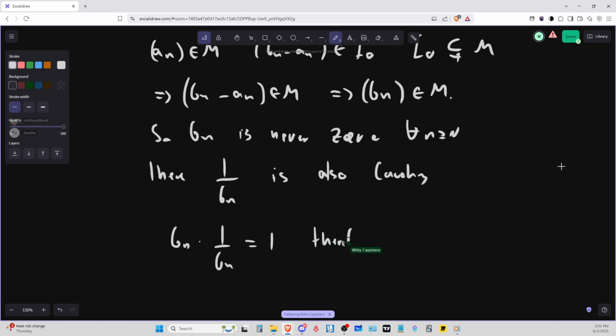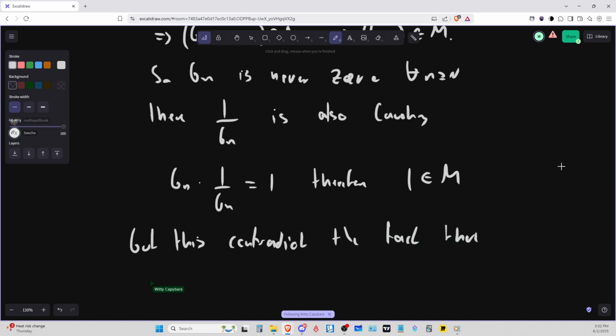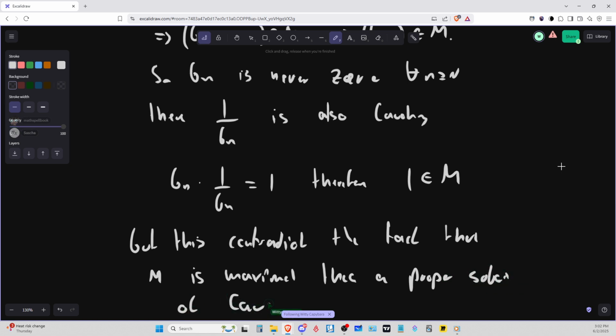Therefore, the sequence which is always 1 is inside of the ideal M. But this contradicts the fact that M is maximal, thus proper subset of Cauchy.